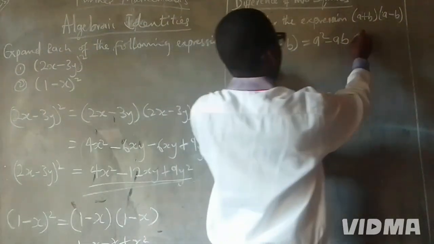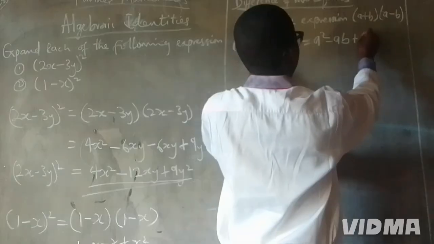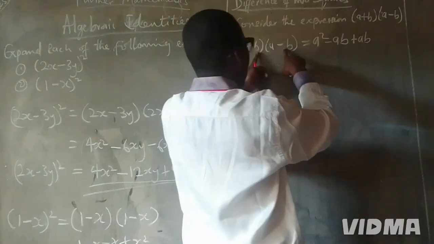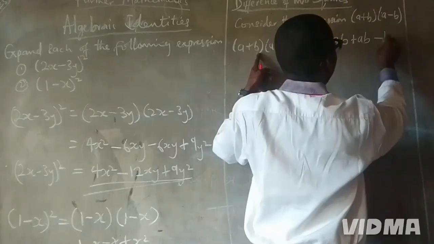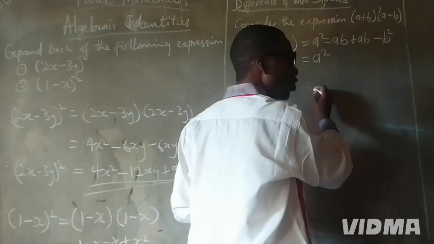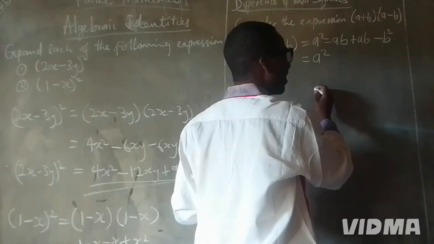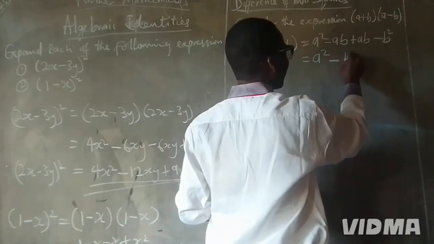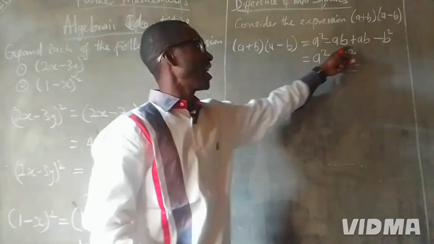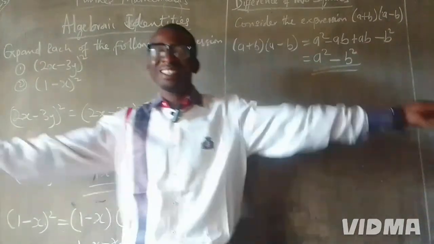B times a plus ab. You see the same thing? B times minus b. Are we good? So our answer is going to be a squared. Who knows our answer? Minus 2ab. Minus ab plus ab is 0.